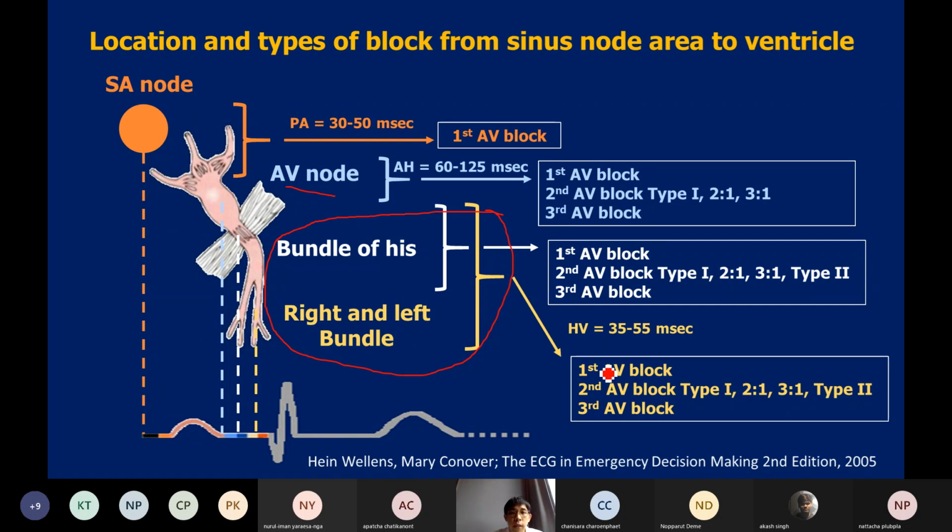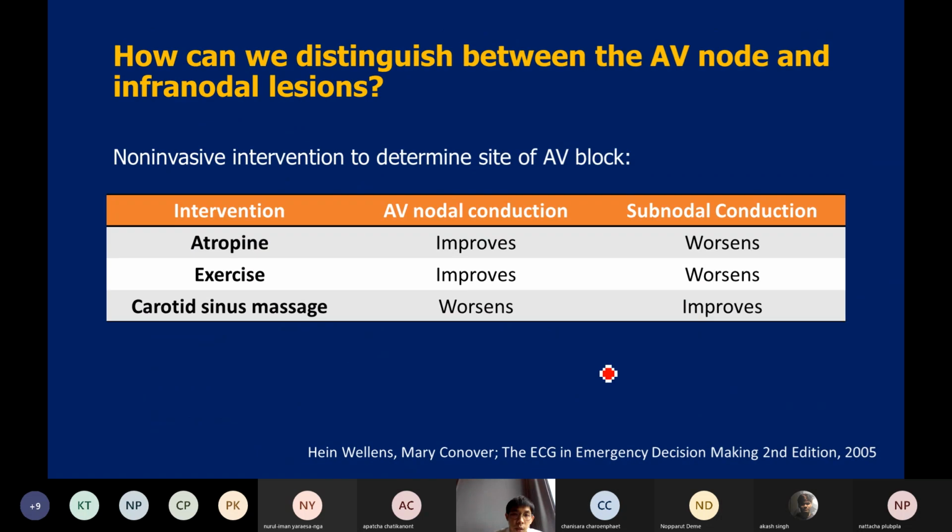We have to investigate more to find any clue of the level of the block in the patient. So what can we do to distinguish between the AV nodal block in the AV node itself and the lesion under the AV node? We can do non-invasive interventions to determine the site of block.